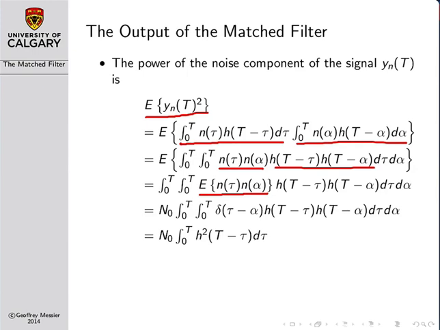This is just the autocorrelation expression for the noise. And because we assume that it's white, the autocorrelation is a delta function with N naught as our power for the baseband equivalent signal. And because we've got a delta function in here, a double integral with a delta function basically gets rid of one of the integrations, and we end up with our noise power multiplied by the integral of the square of our demodulator filter.